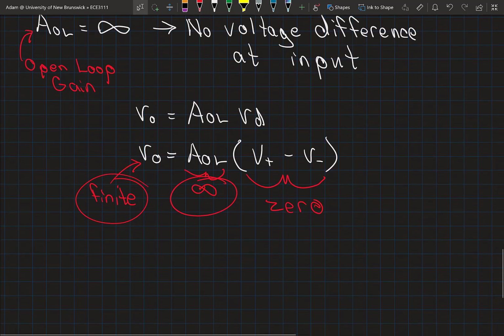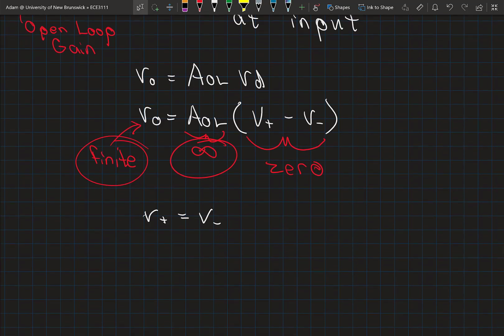Okay, so taking that a little bit further, if the difference between these is 0, it must mean that the voltage at each of those terminals must be equal.